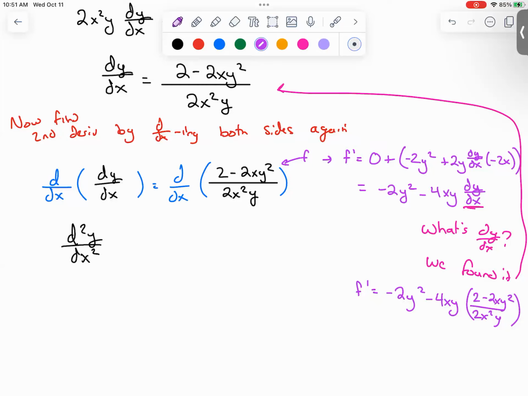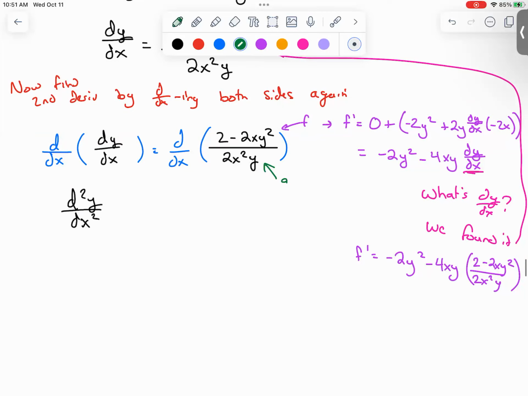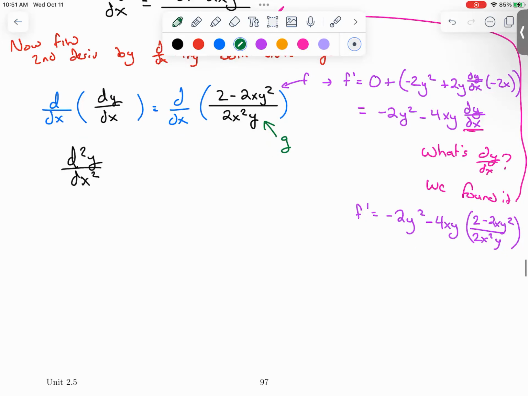That's f prime. Ah! And that's g. So g prime would be 4xy plus 2x squared dy dx. And we're already out of time. I'm sorry to keep you guys a little bit late.